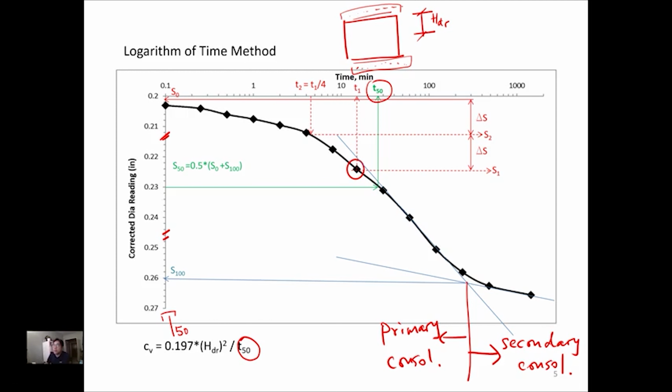So whatever is on the y-axis here represents the final corrected data that truly represents the deformations throughout the test. For example, in this case, the reading at T50 at this given stress level is 0.23 inch, which means you keep monitoring the test, you correct all the data, and now you know that at that timing the soil has shortened because it's positive.